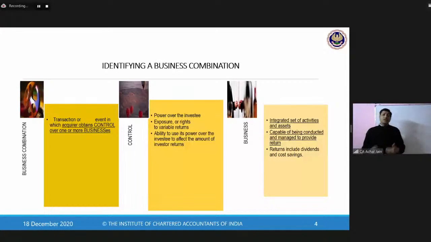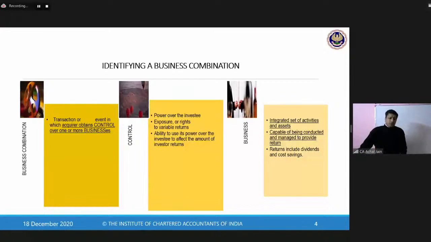We need to understand that, because business in common parlance is something we understand. But the requirement of business as per this standard is also something we need to additionally cover. Whatever we understand about business in common parlance will remain the same, but there are certain important criteria which one has to fulfill for that to be called a business as per the definition of Ind AS 103.